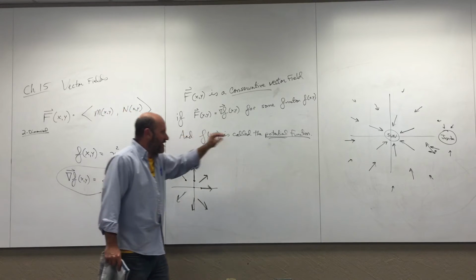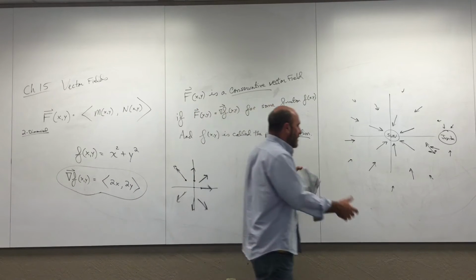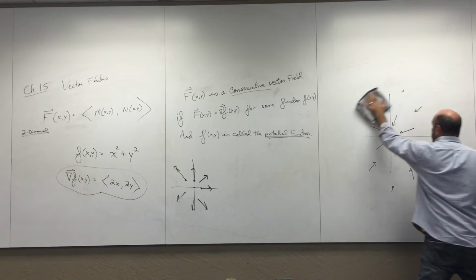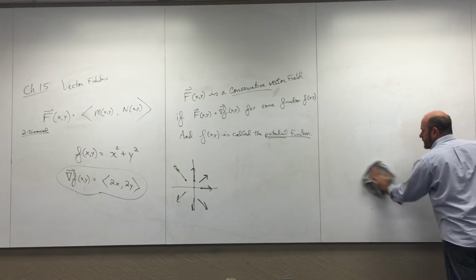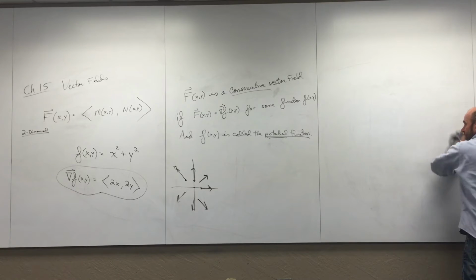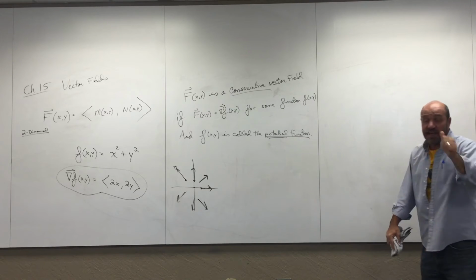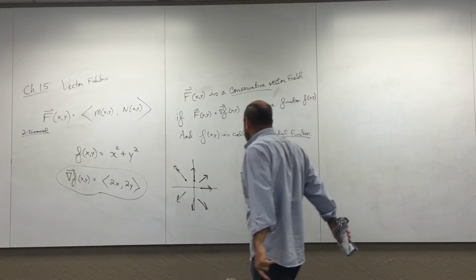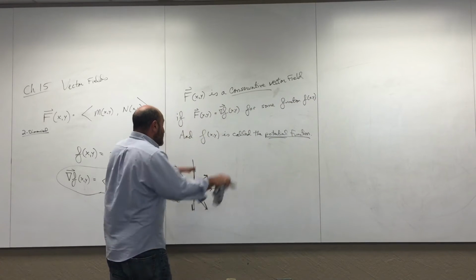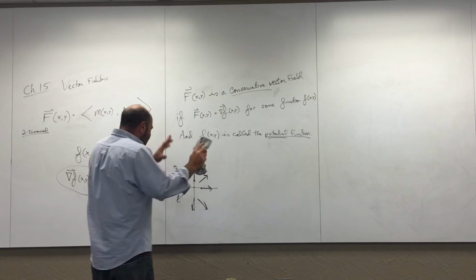That word potential is not coincidental with physics' use of potential energy. And coming back to physics, I think it turns out that these gravitational force fields are conservative. But again, that's physics, this is math, they're totally related.